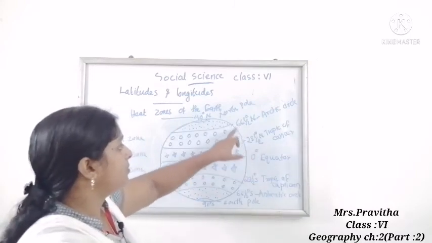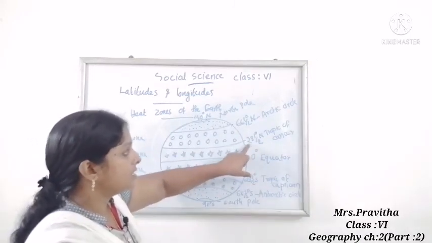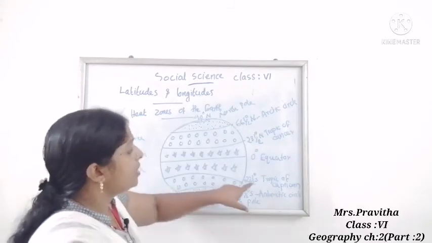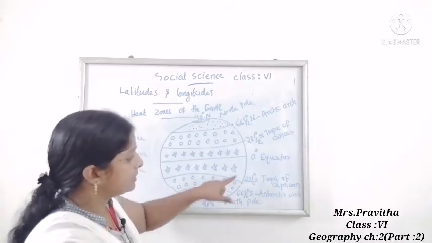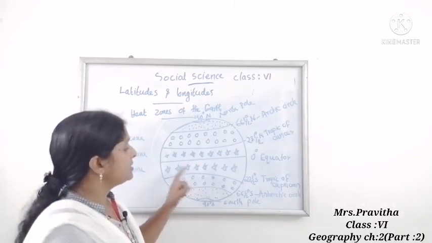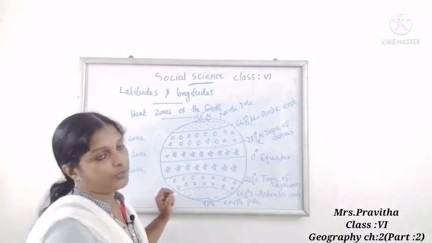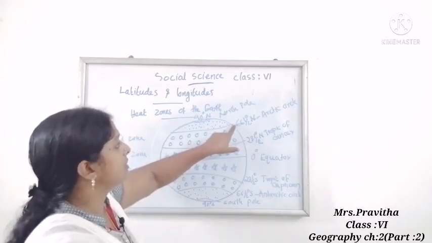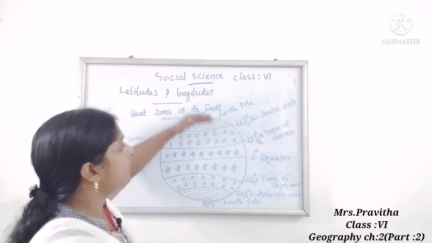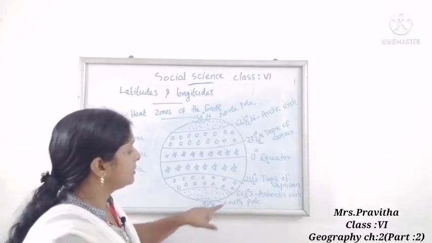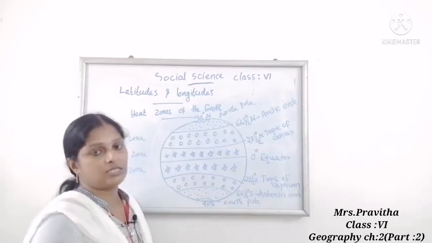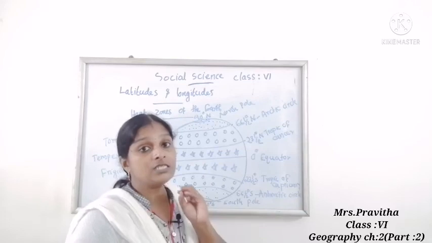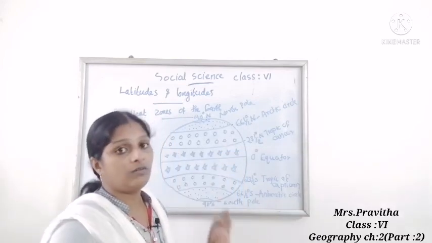The temperate zone lies between the Tropic of Cancer and the Arctic Circle in the northern hemisphere, and the Tropic of Capricorn and the Antarctic Circle in the southern hemisphere, and gets moderate heat. The frigid zone lies between the Arctic Circle and the North Pole in the northern hemisphere, and the Antarctic Circle and the South Pole in the southern hemisphere. It gets very little heat. Frigid means cold, so this region is always cold.